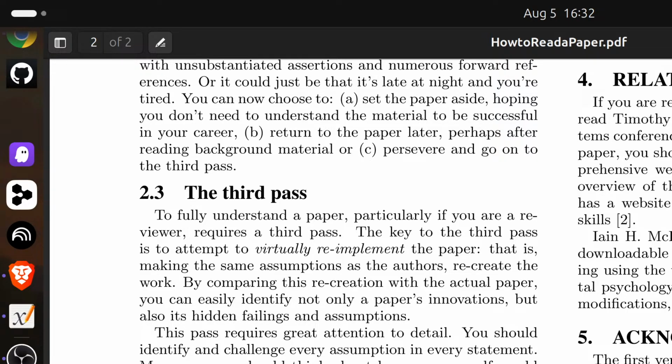During this pass, you should also jot down ideas for future work.